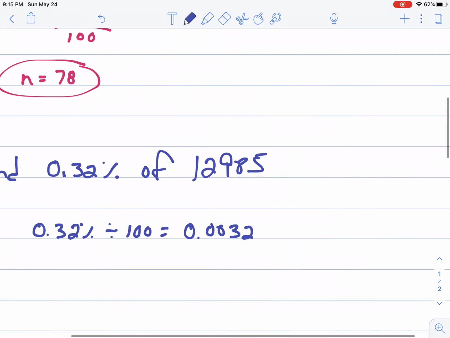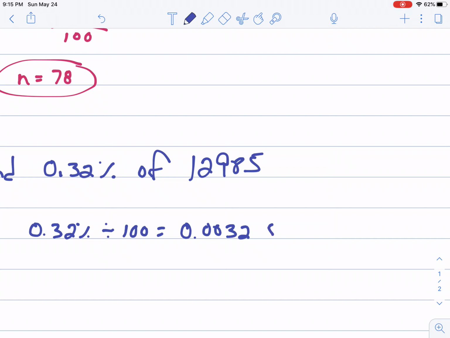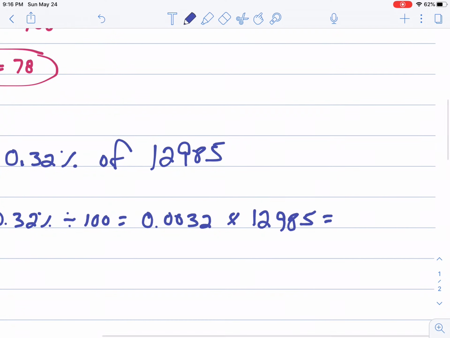Once I have that, I'm going to take that decimal and I'm going to times it by my 12,985. When I take my calculator out and I do this, 0.0032, I times that by 12,985, and I get 41.552.